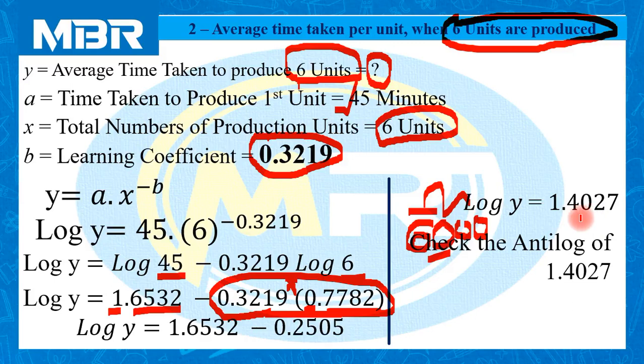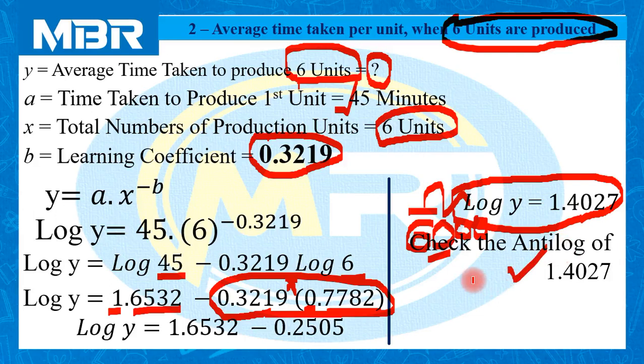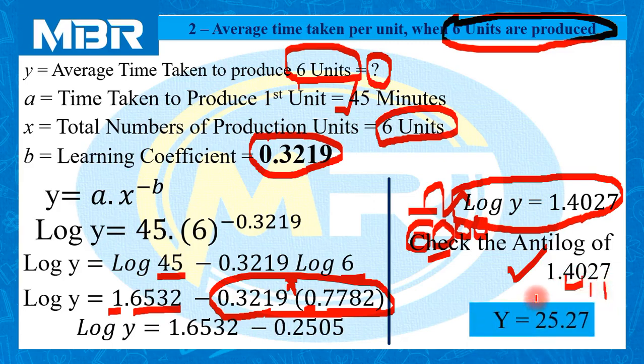Now in order to end, we need to check the result of this final value in anti-log. So check the anti-log of 1.4027. How to check? We need to check the anti-log of 40 into 2 and mean difference is 7. So 40 into 2 and 7 is equal to 2527.